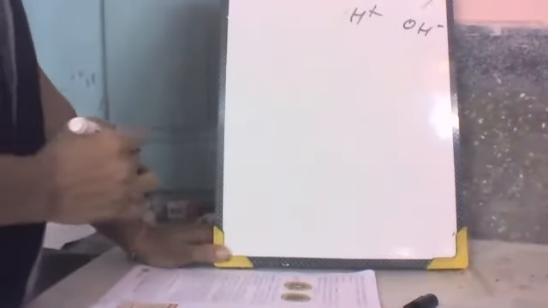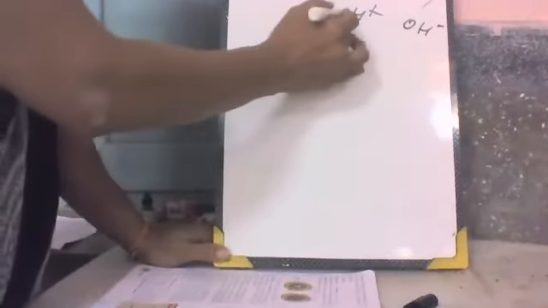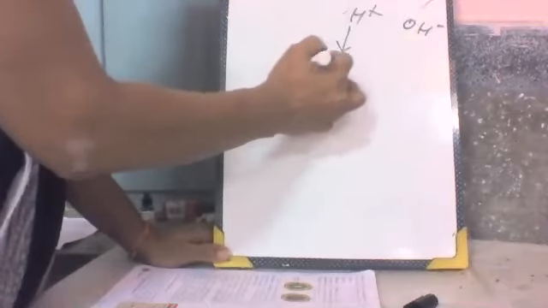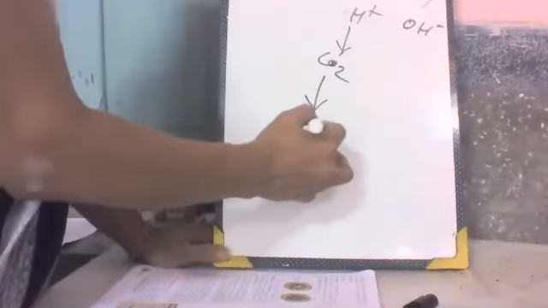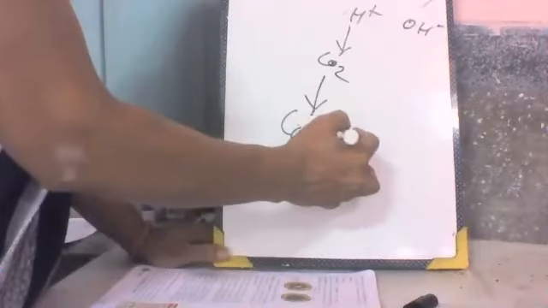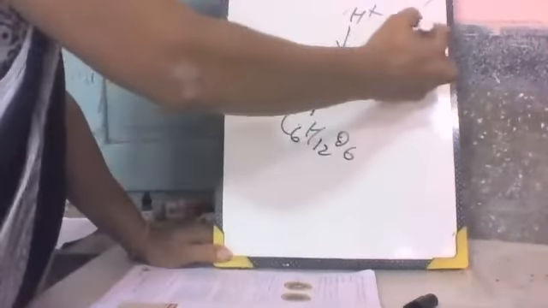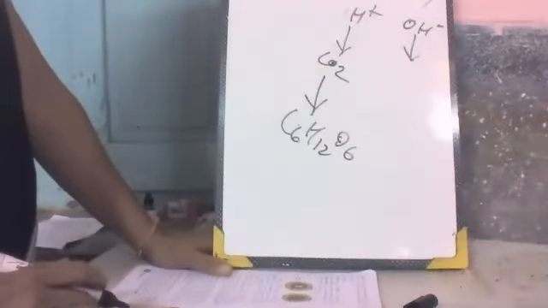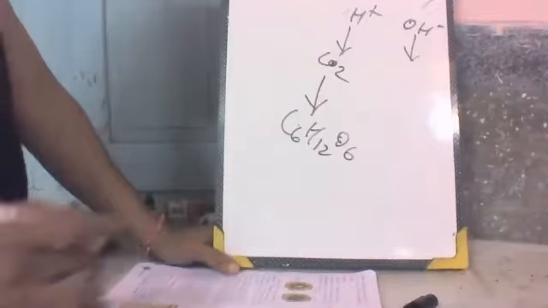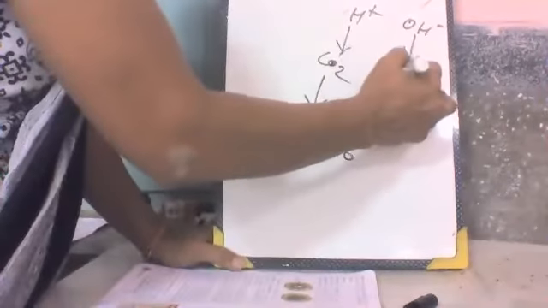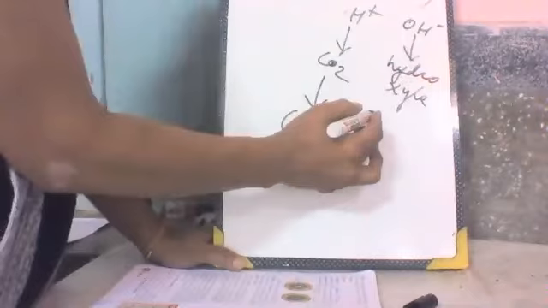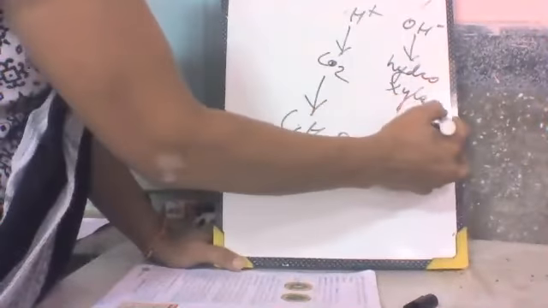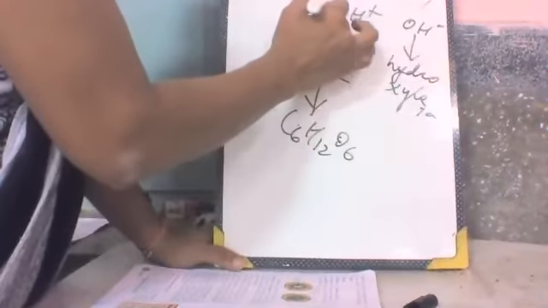The H plus ions work with the carbon dioxide and form glucose. The OH ion is also known as the hydroxyl ion, and H plus is known as the hydrogen ion.